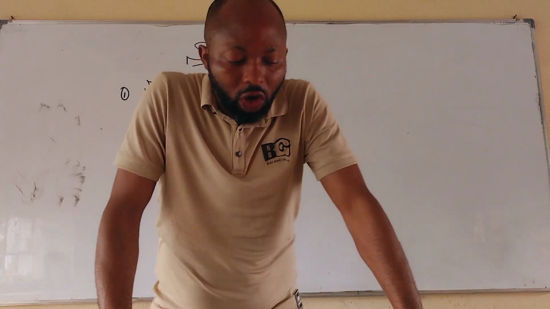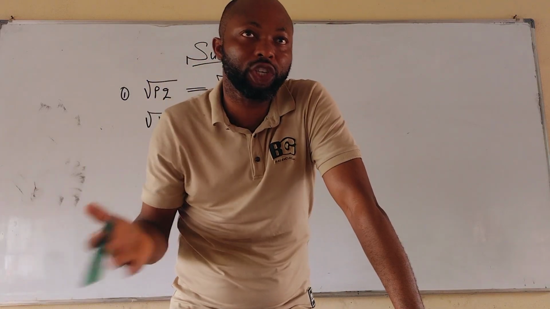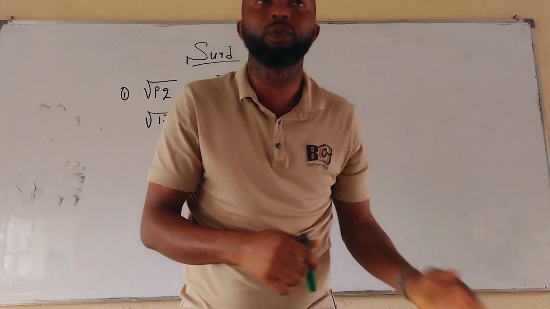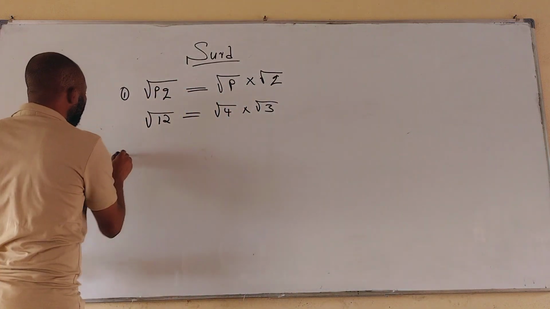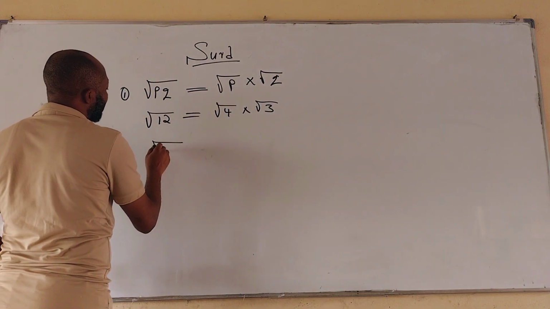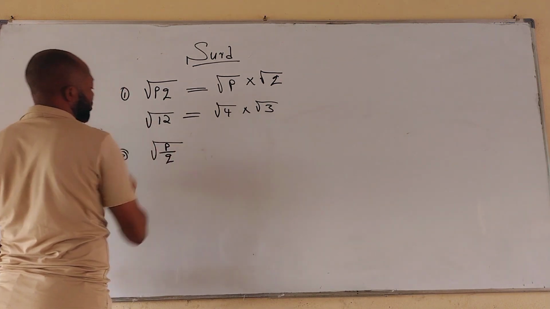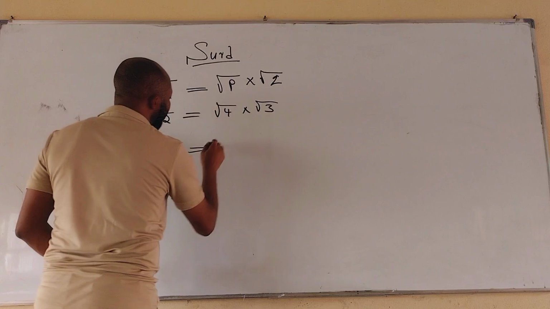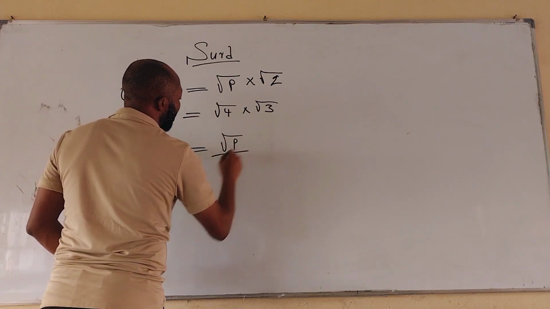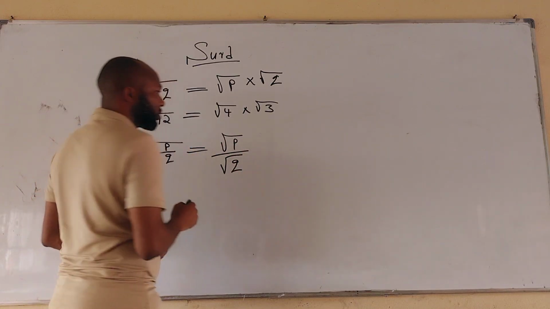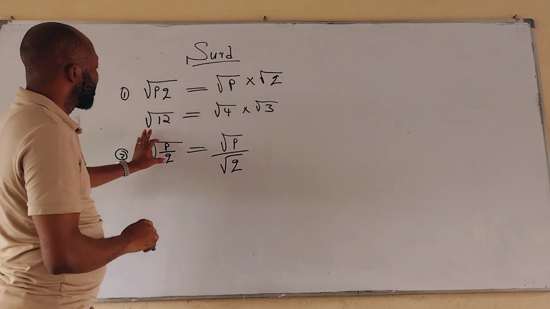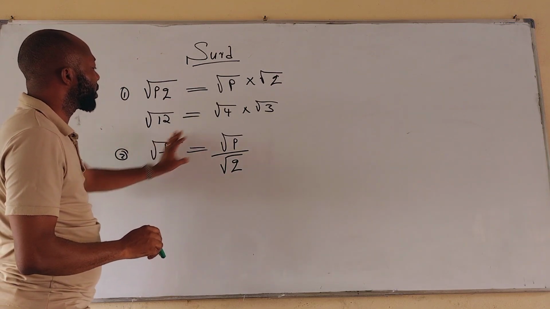We have the second rule. That first one is the multiplication rule. The second one is the division rule. If we have the root of P over Q, this can be root P divided by root Q. So it means that insofar as we can do it this way, we can also do it this way.